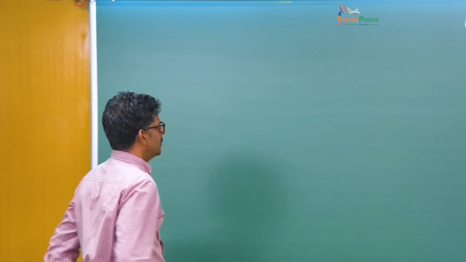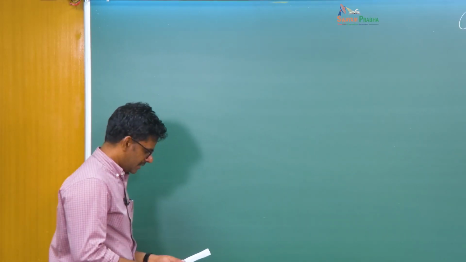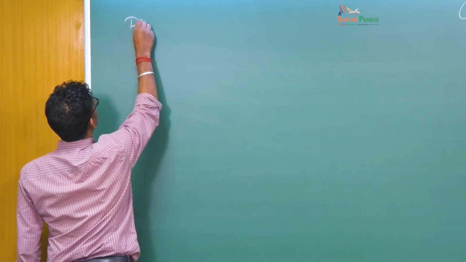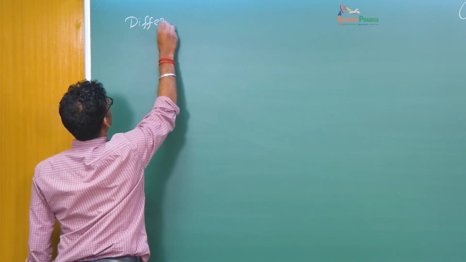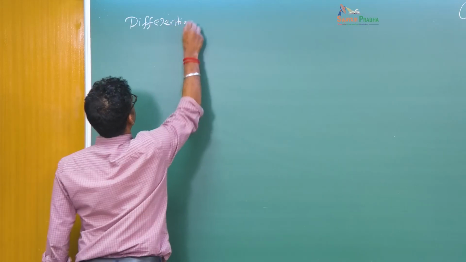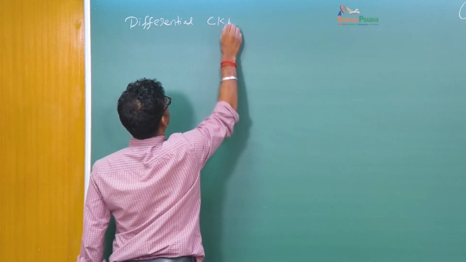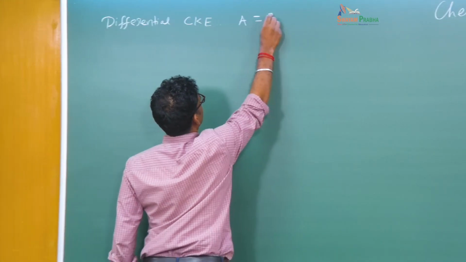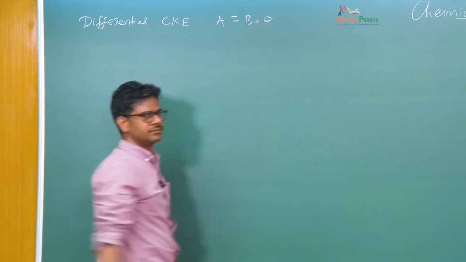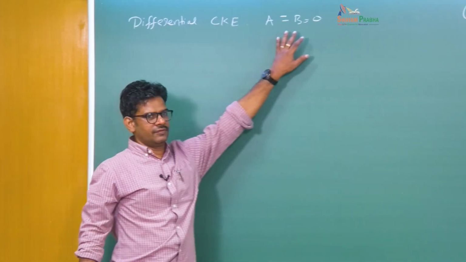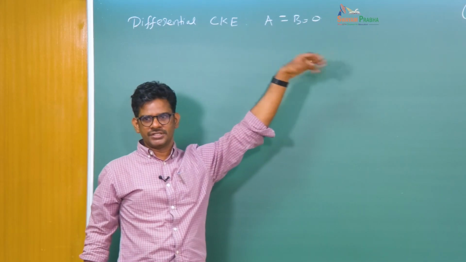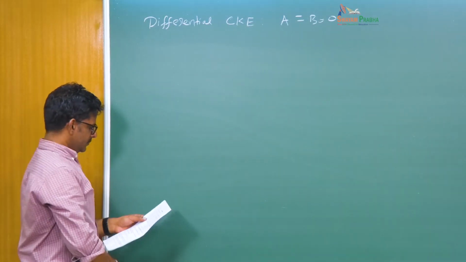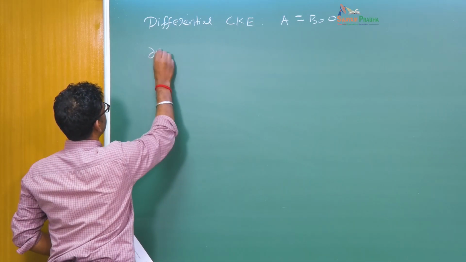So first we will start with the differential Chapman-Kolmogorov equation, and then we will set the characteristic functions A and B to be 0. When A and B are 0, we remove all the continuous Markov process. We are left with only a discrete Markov process. So we write that.